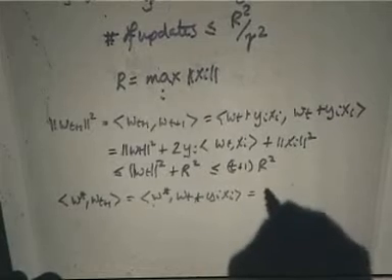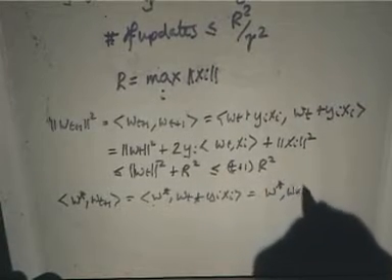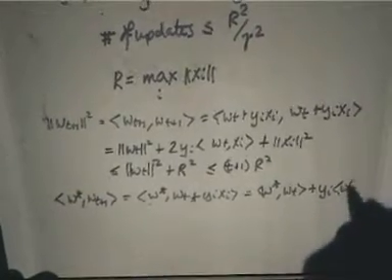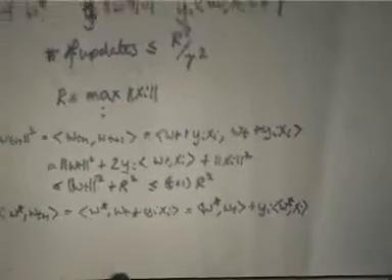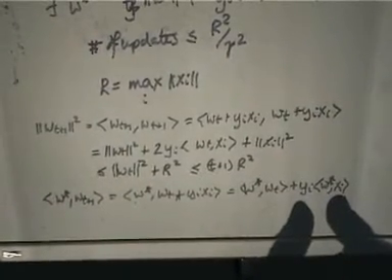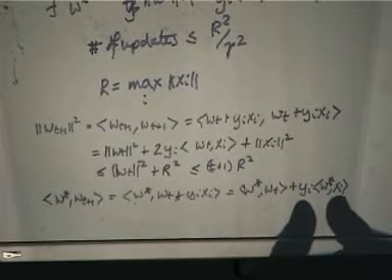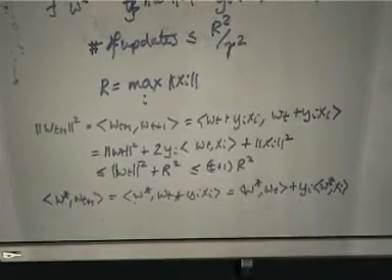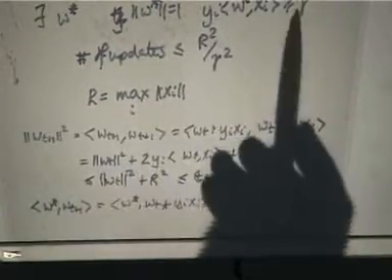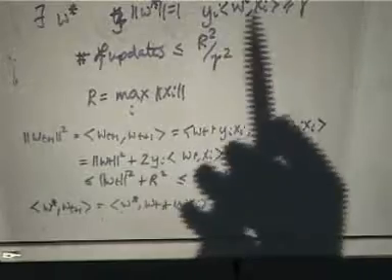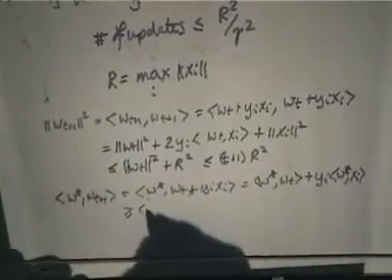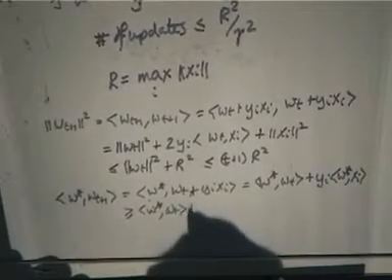And we get, of course, the inner product at the previous stage plus an extra bit, which is y_i w star comma x_i. But y_i w star comma x_i is actually the margin of the example y_i x_i with respect to this w star, which is the assumed example which has a margin of gamma. So here we have it, y_i w star x_i is greater than or equal to gamma. So this is actually greater than or equal to w star comma w_t plus gamma.